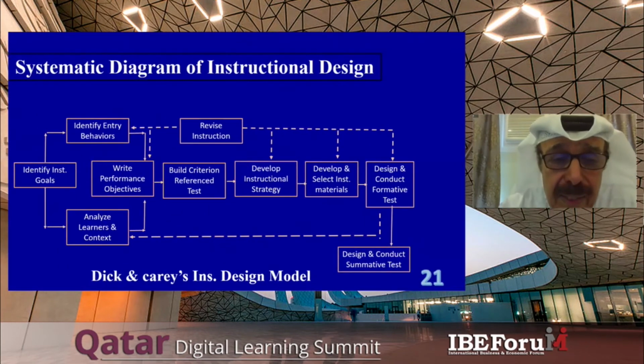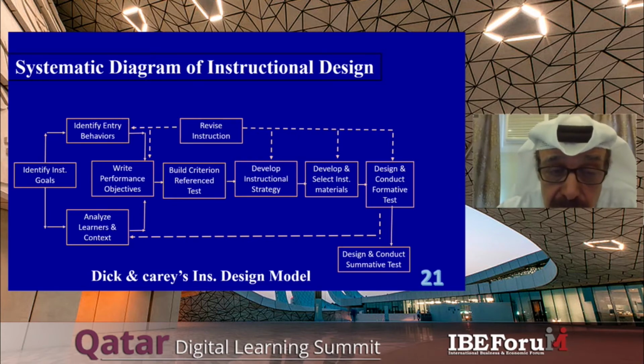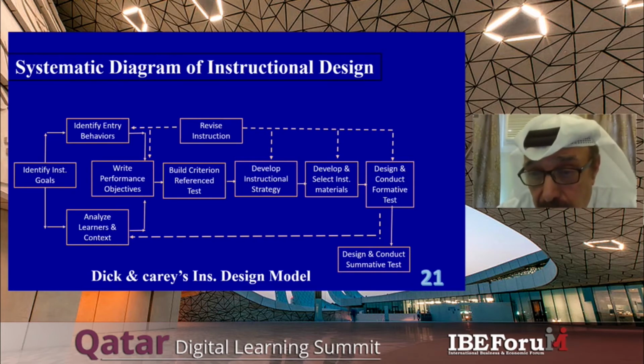Now, this is the systematic way, as we mentioned before. See, first of all, we identify the objectives or goals. Then we get some objectives from those goals. Then identify entry behavior. What is entry behavior, actually? What students know about the new topics.